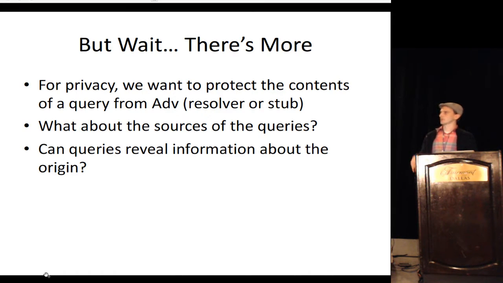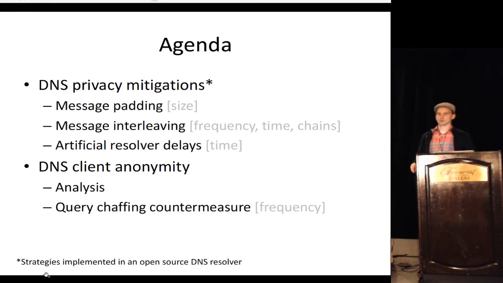That'll be the second portion of the talk. In the first one, I'm just going to focus on the privacy mitigation techniques. So we'll go over our general approach, some of the techniques and how we try to apply this approach, and then some results, and at the end finish up with the anonymity stuff. So there is a lot of material, but if you have questions, please feel free to come to the mic and raise them as I go.